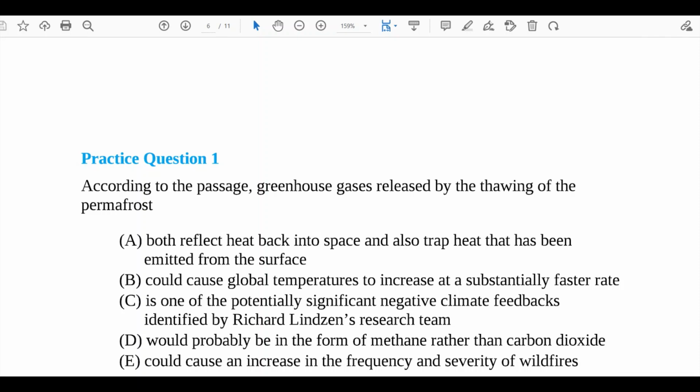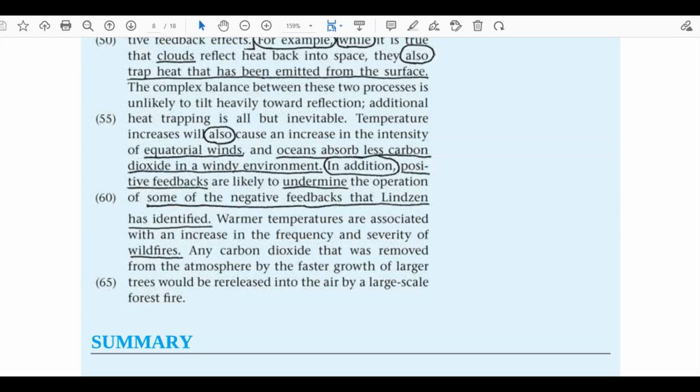E option could cause an increase in the frequency and severity of wildfires. Actually, choice E references the discussion of wildfires that appears at lines 63 through 66. Any carbon dioxide that was removed from the atmosphere by the faster growth of larger trees would be released into the air by a large-scale forest fire.